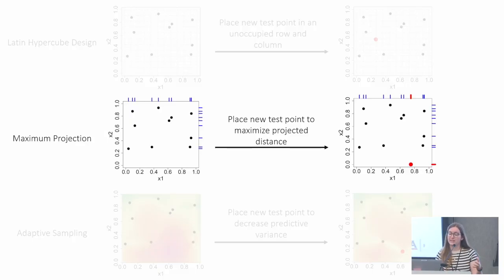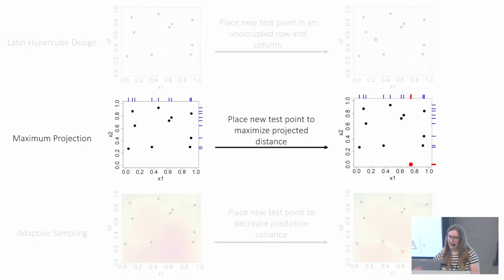When we are trying to add a new test point, we want to add a test point that is as far as possible from those projections in each dimension separately. On the top, you'll see that there are two big gaps between those blue points, from about 0.2 to 0.4 and then from about 0.6 to 0.9. So we're going to pick a new point in one of those regions.